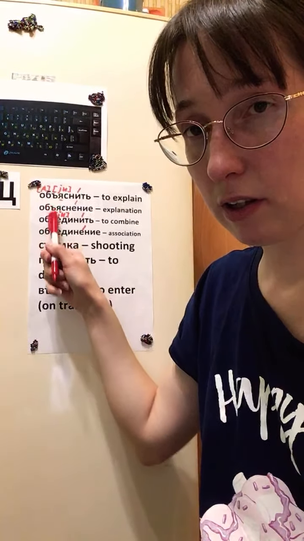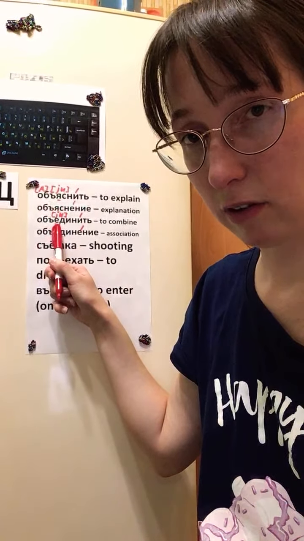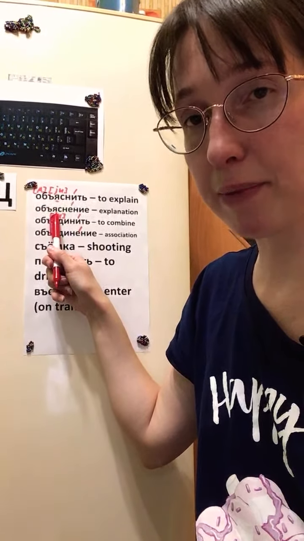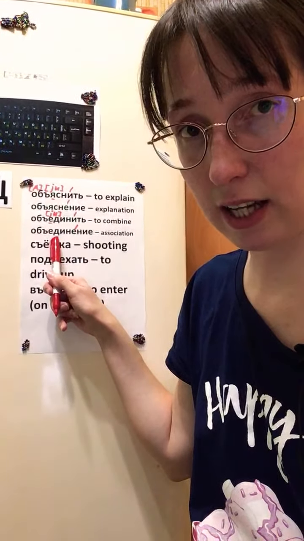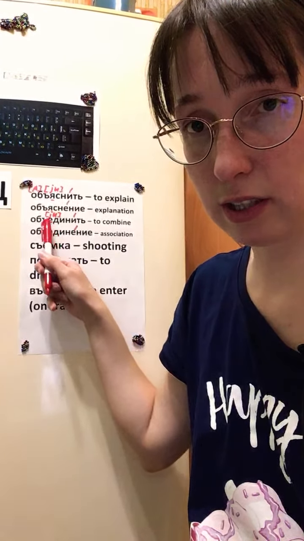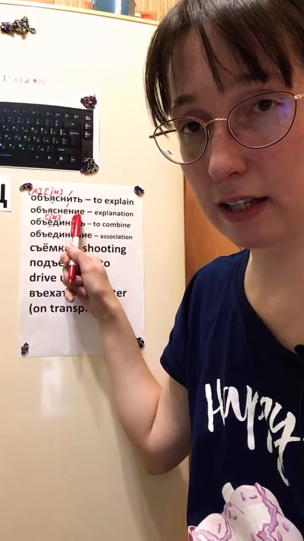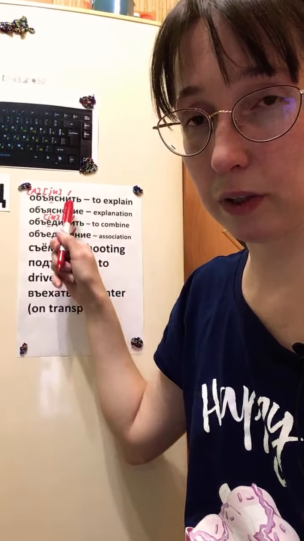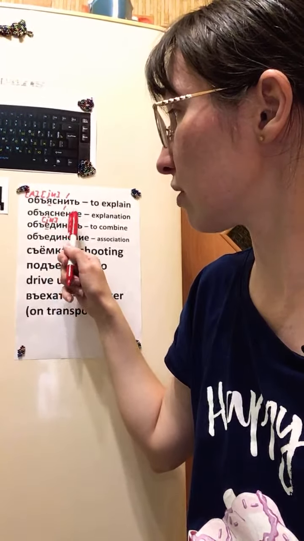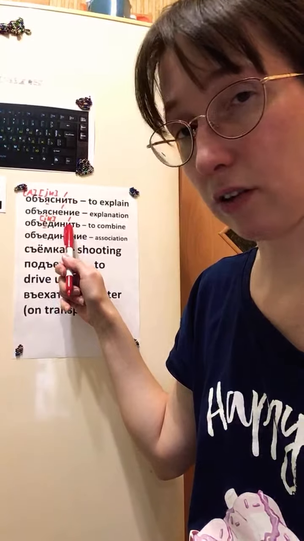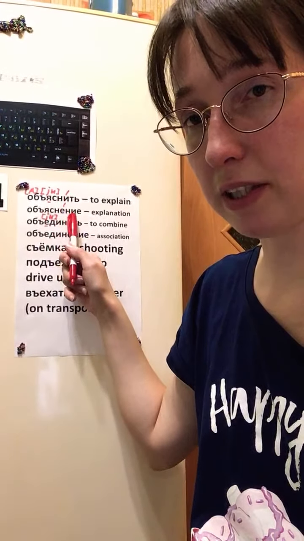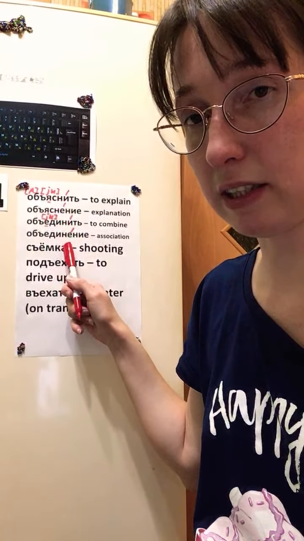Объяснить, объединить, verbs. Объяснение, объединение, nouns. You see? They end with the same letters. Нение, нение. Нить, нить. Okay? Объяснить, объяснение, объединить, объединение.